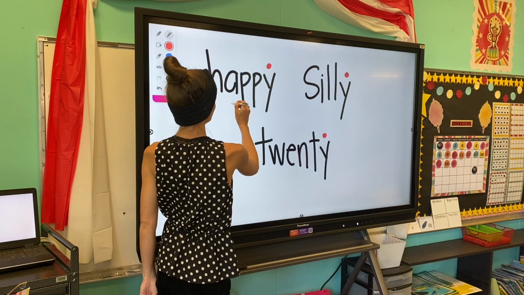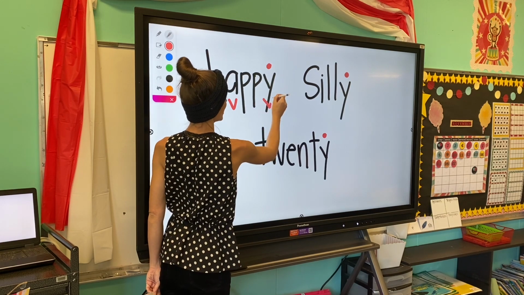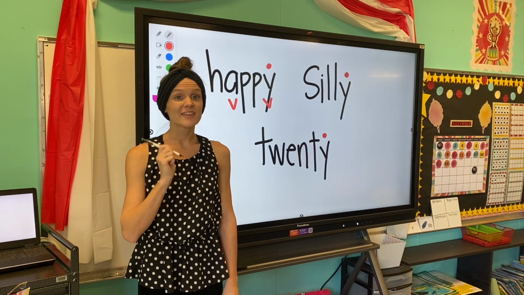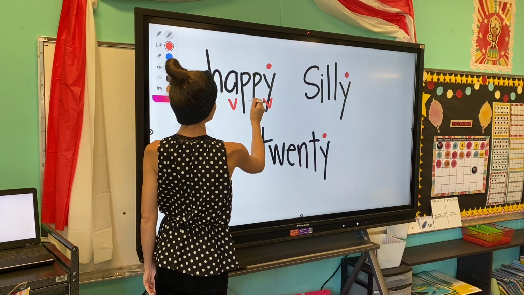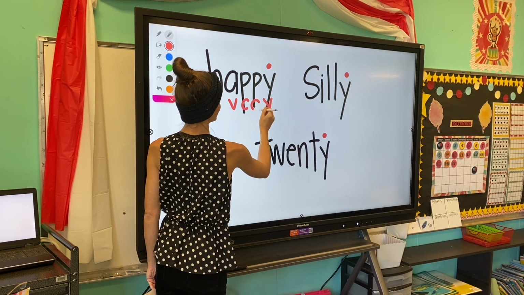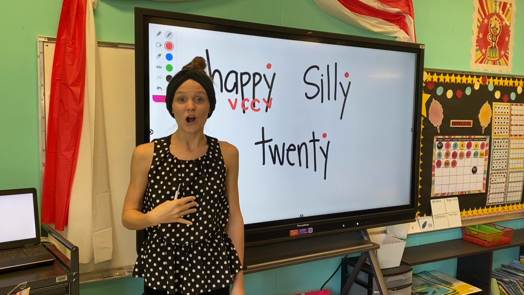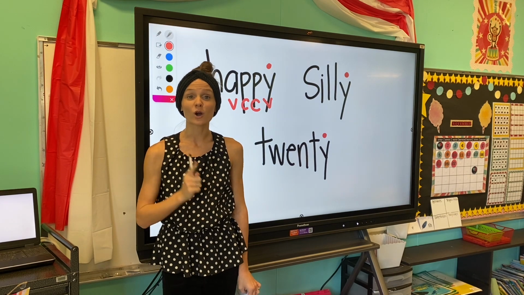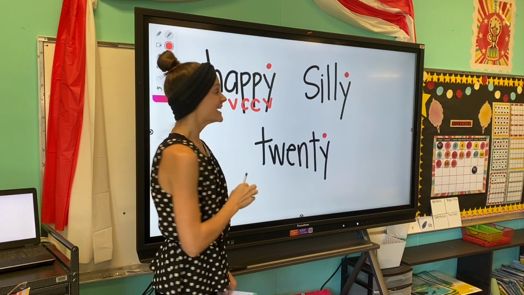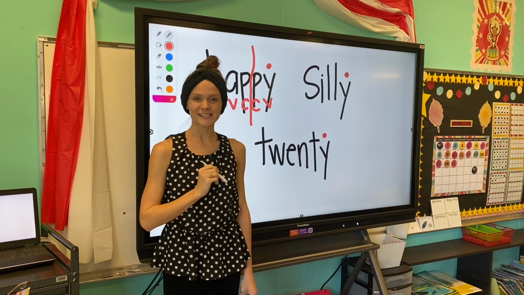So I'm going to put a V under letter A and a V under letter Y. Then I'm going to label the consonants in between. So I have a consonant here and a consonant here. Now I know exactly where to draw my division line because we always draw it between our 2 consonants. So I'm drawing my line between my 2 consonants.